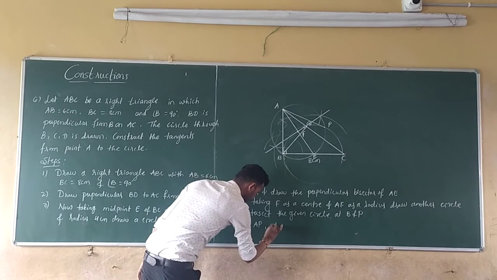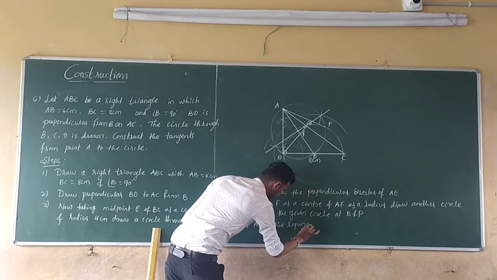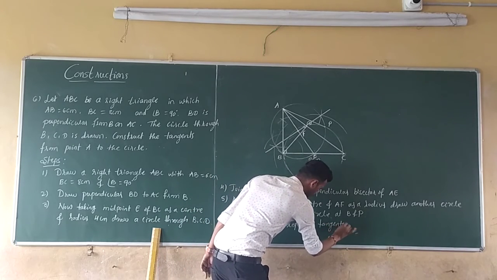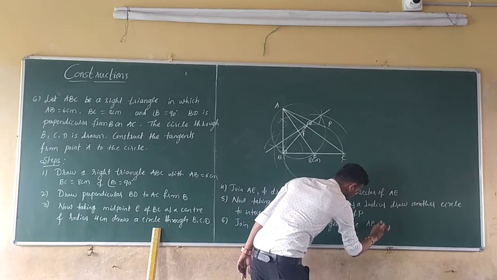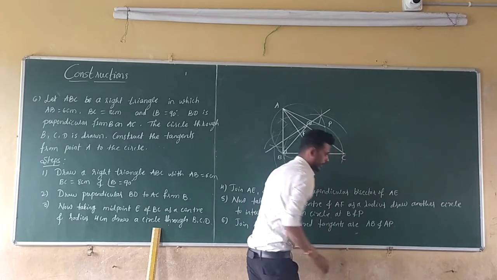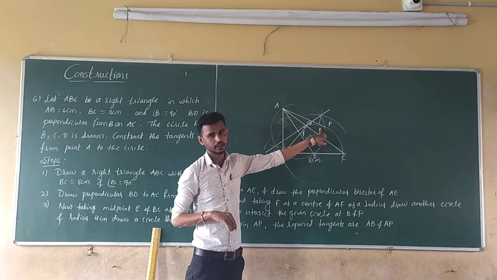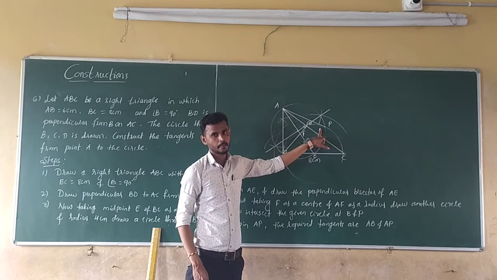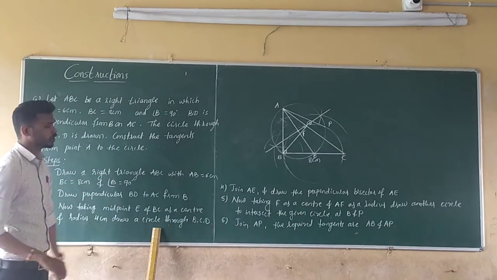So the required tangents are AB and AP. These are the two required tangents. So this is about the construction of the sixth question.